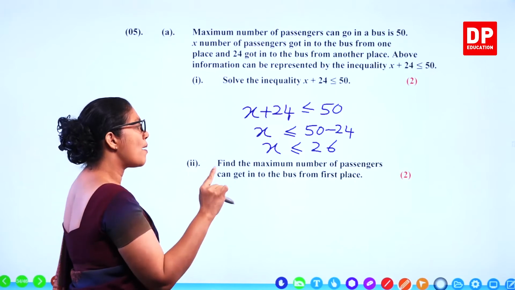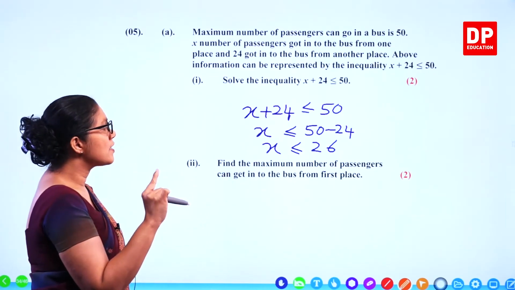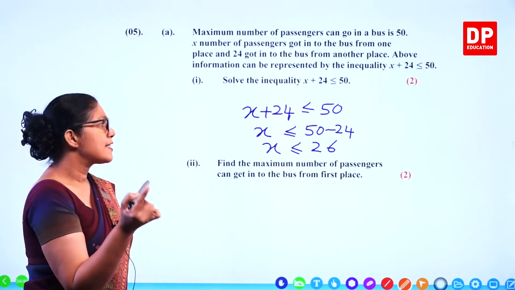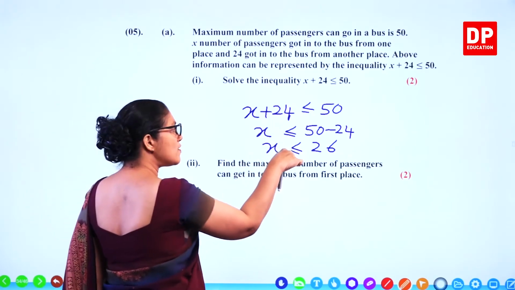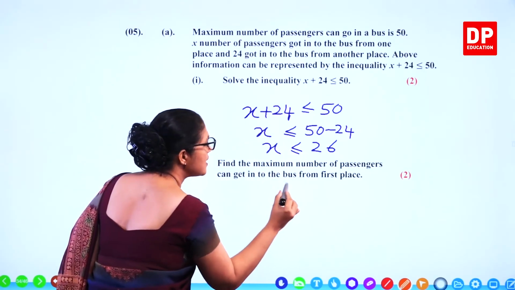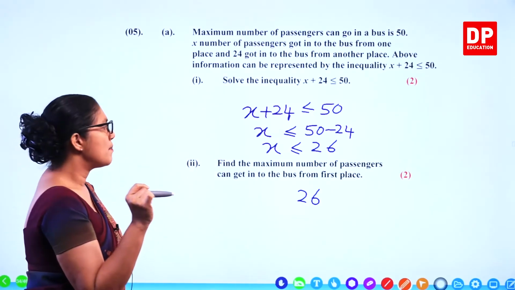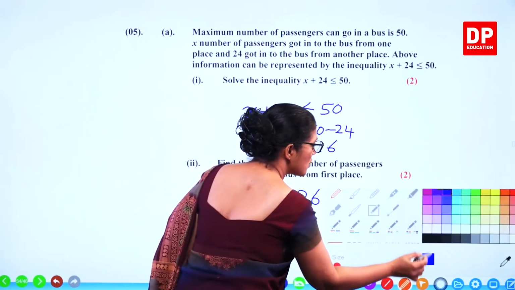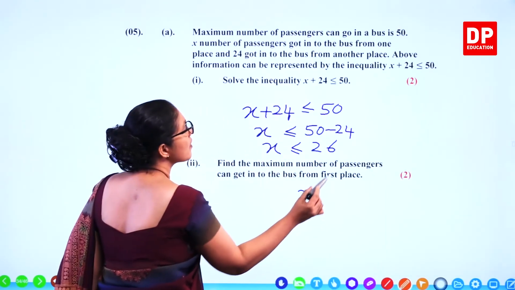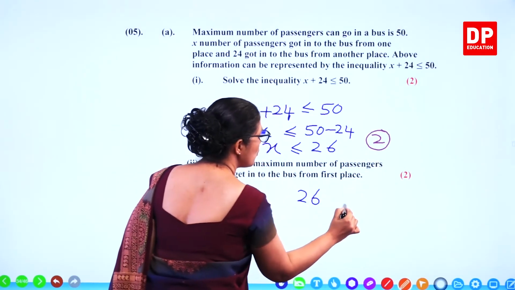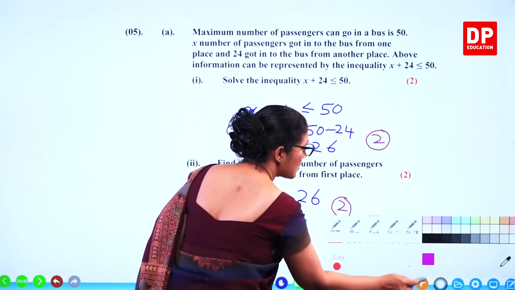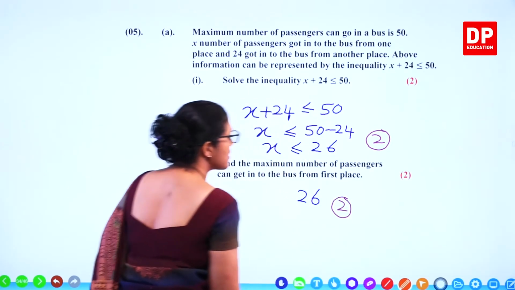Find the maximum number of passengers can get into the bus from the first place. That's x. So this means 26 is included. So what is the maximum number? 26 is the maximum number of passengers. So you get 2 marks for this and 2 marks for finding the maximum number of passengers.